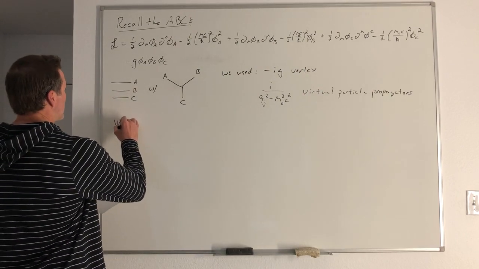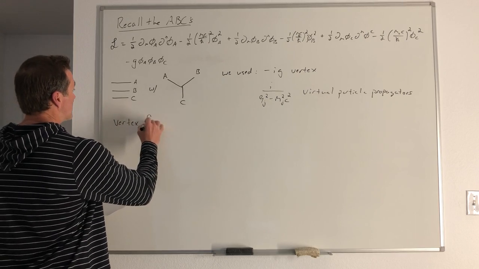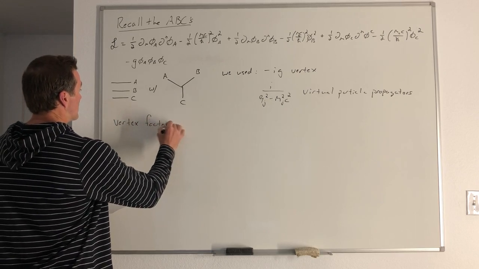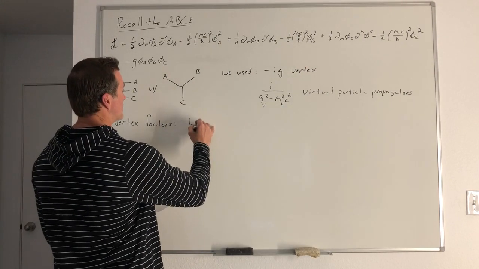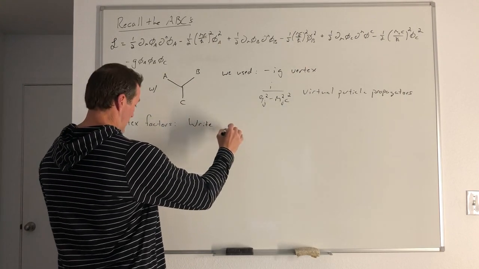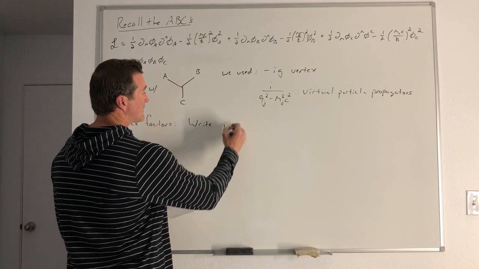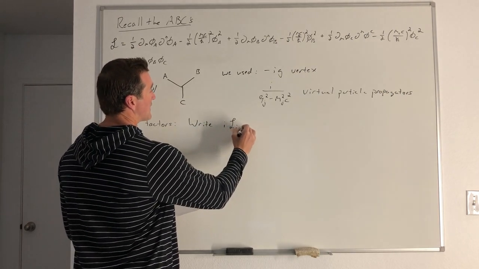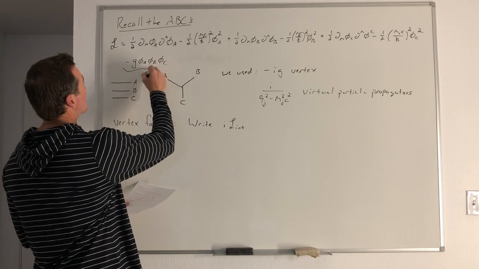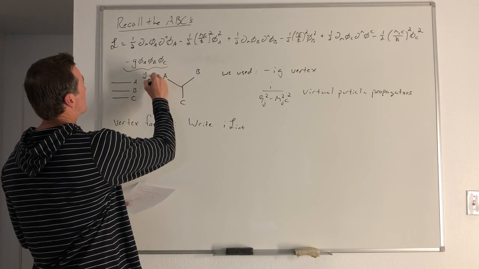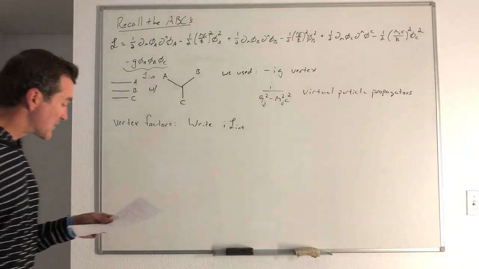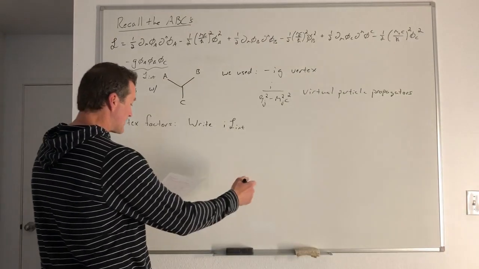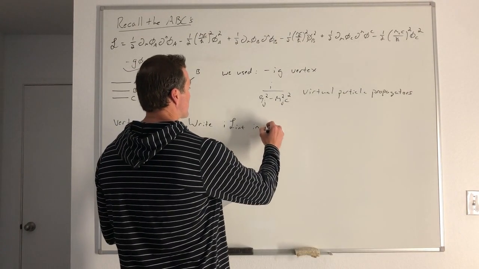So if you want to get vertex factors, all you do is you write i times the interaction term in the Lagrangian. So this is the interaction term, we'll just call it L interaction. So you write i times L interaction in momentum space.